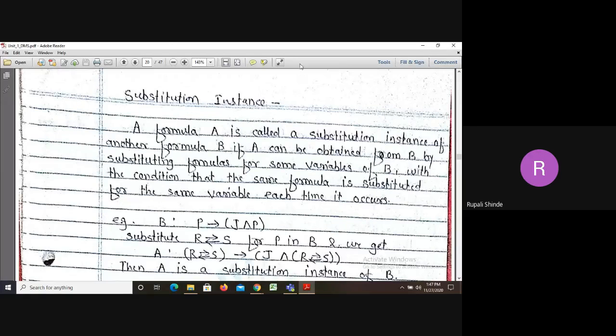So this is the definition for substitution instance. Any formula A can be a substitution instance of another formula B, but only if it is obtained by replacing some variables of B with the condition that the same formula should be replaced for the same variable each time it occurs.